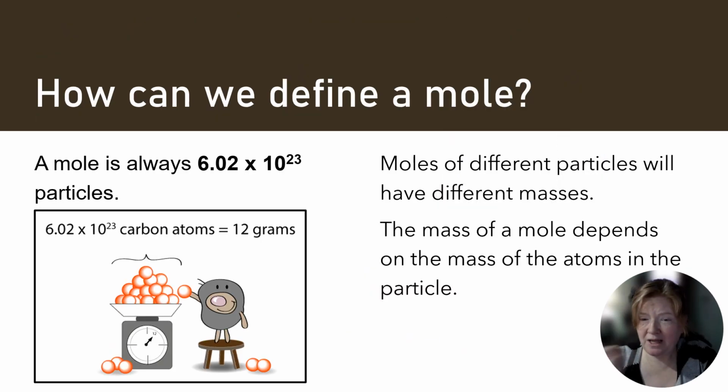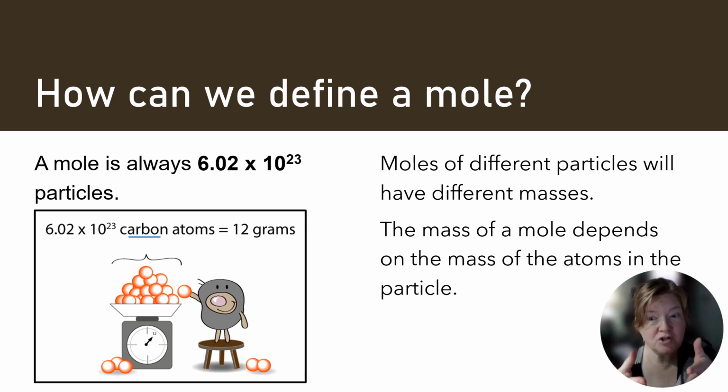So after we've been working with mole, how could we define a mole? Well, remember I was saying I noticed a mole was always 6.02 times 10 to the 23rd particles. In fact, it's based on a special kind of carbon called carbon-12, which we'll see in a little bit. Moles of particles that are different will have different masses.